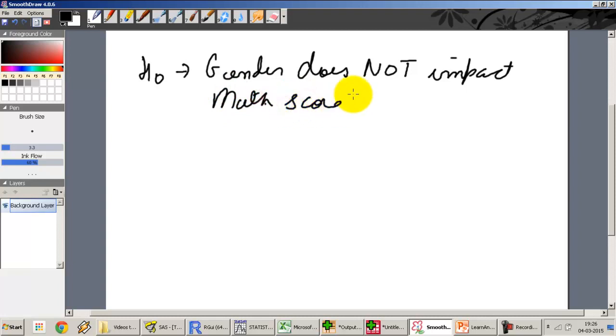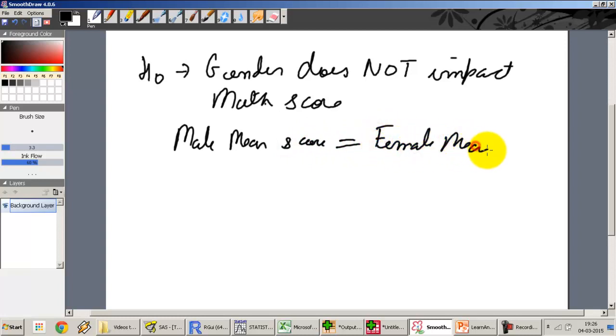Why do I say that? Because the H naught in a two sample t-test is always that these two samples are coming from the same population, or we are saying that male mean score is exactly the same as female mean score. So this is my null hypothesis.